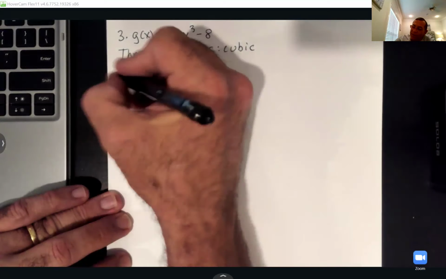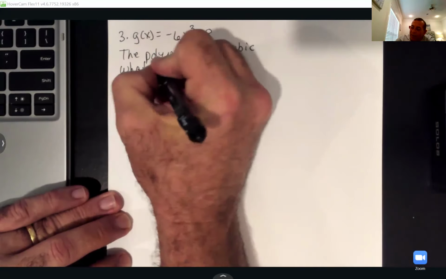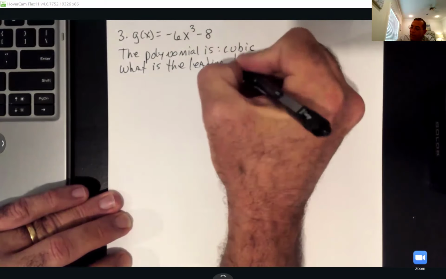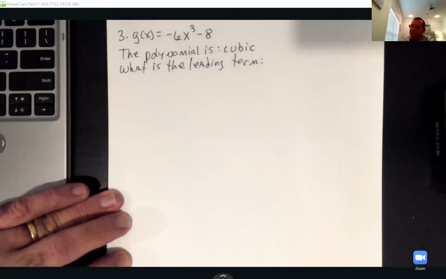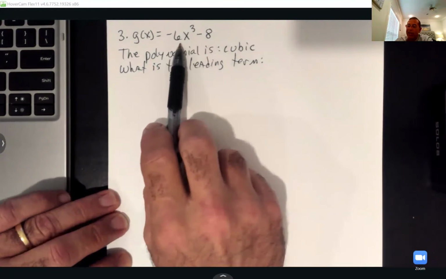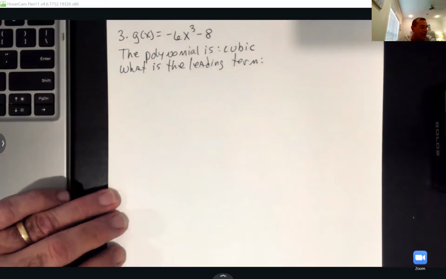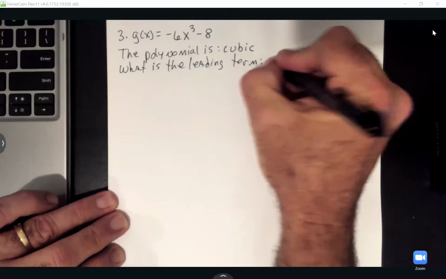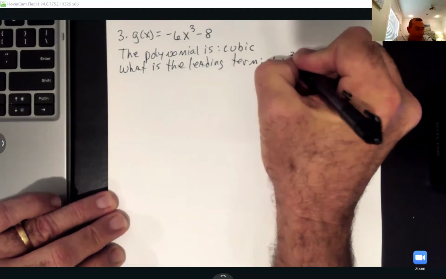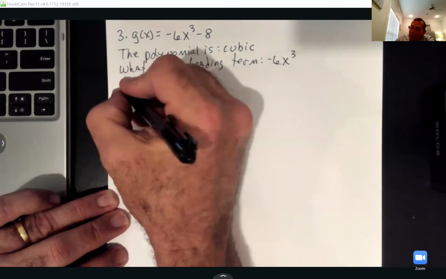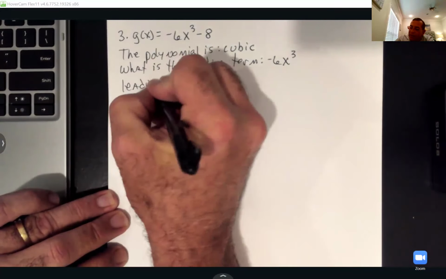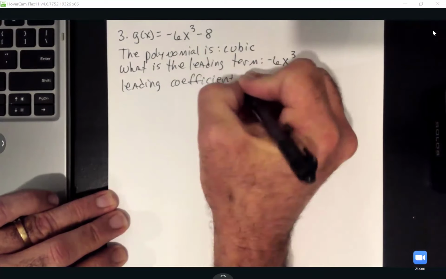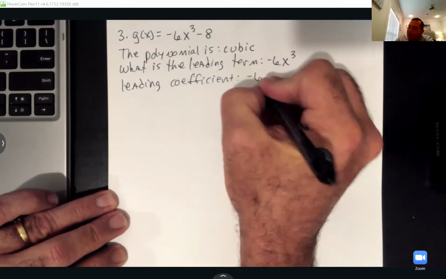And then what is the leading term? So it looks like we got 2 terms here, the -6x to the third or that -8. -6x to the third. All right, how about the leading coefficient? -6.